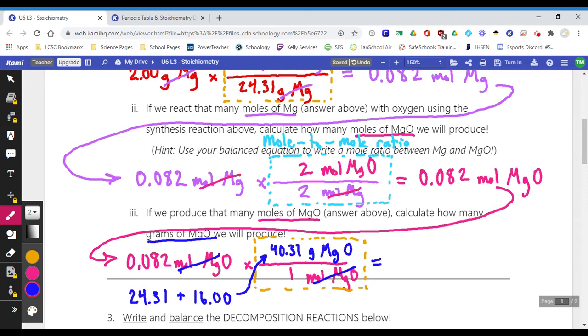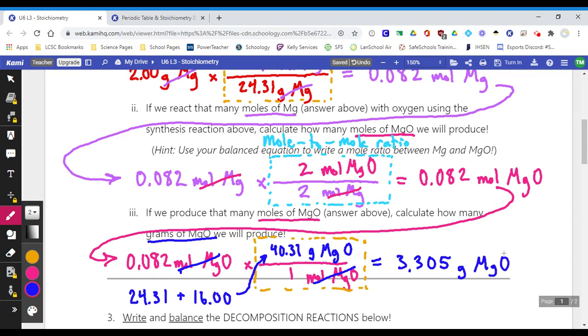Okay, so if I take 0.082 times 40.31 divided by 1, and the divided by 1 doesn't really do anything to your math, but sometimes it's nice to do just to make sure you got everything you need. We should come out to about 3.305 grams of MgO.